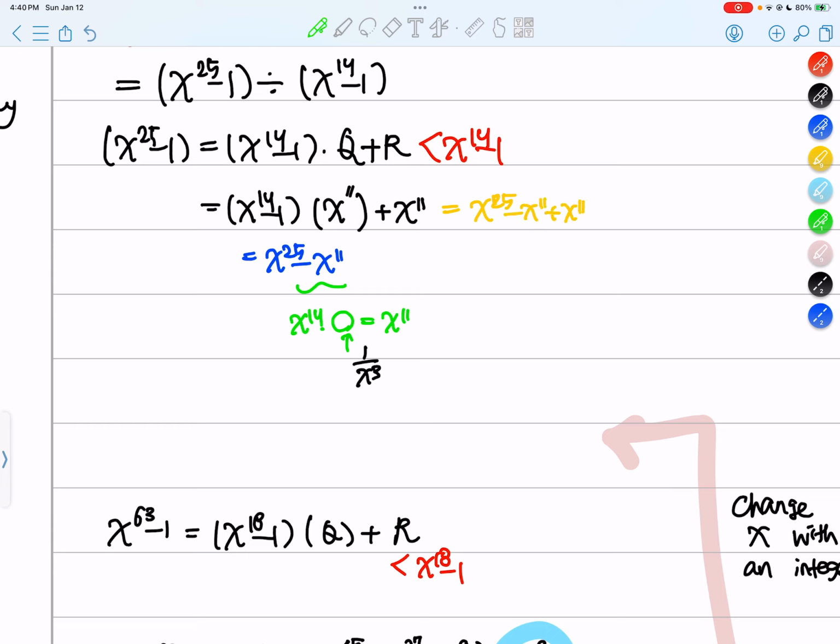And so this would be x to the power of 25. Okay, so in order to get x to the power of 25 minus 1, it would just be this plus x to the power of 11 minus 1 because you just added that.